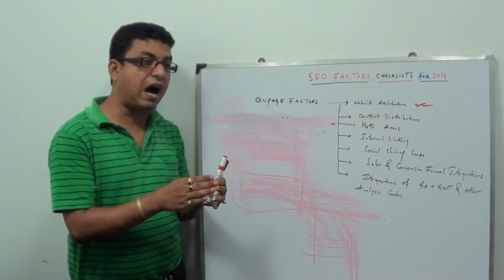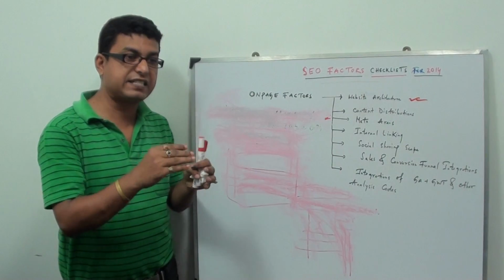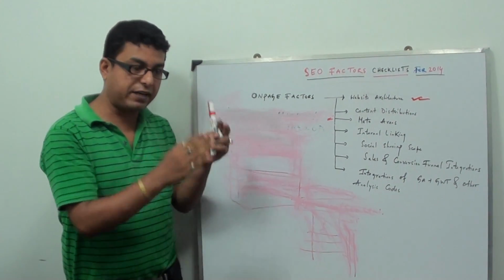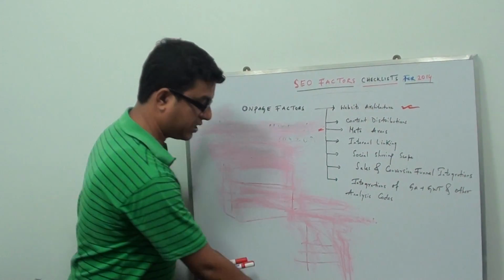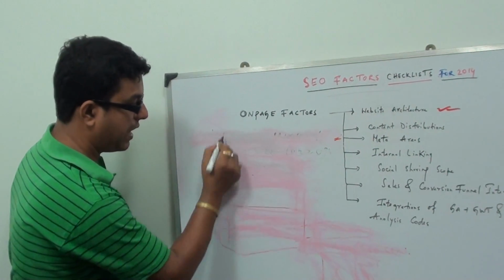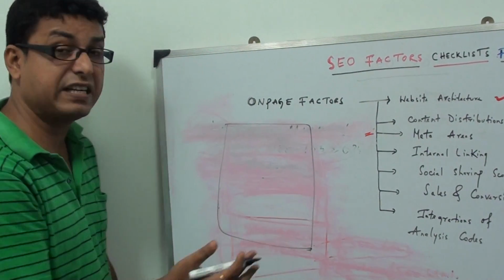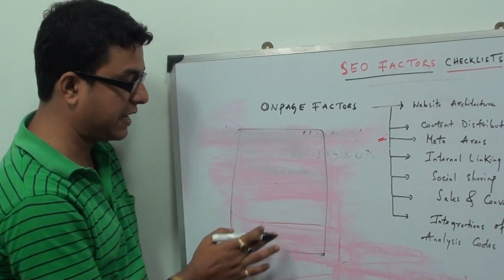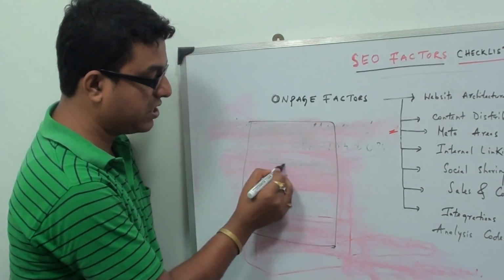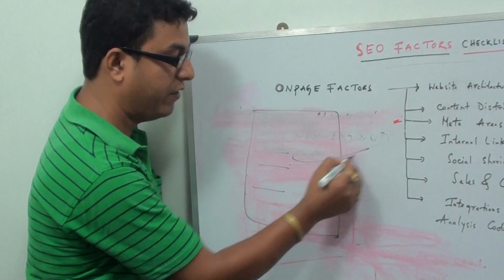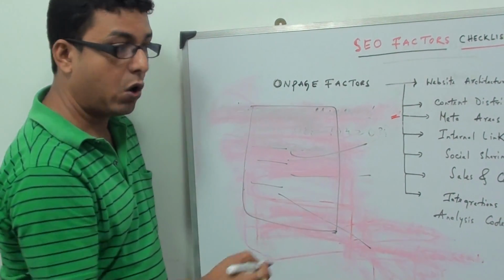Like if you have a good internal linking strength, you are recommending a particular page, you have given information for the users, and you have written content, a blog, or an article.